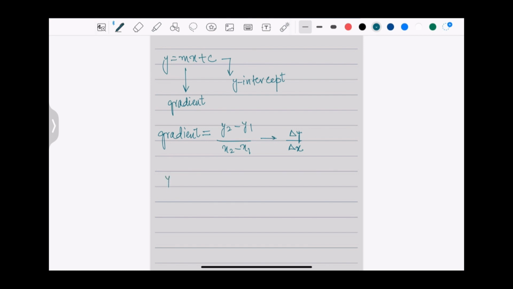Now you see many equations like this: 2x plus 3y equals 3x, y equals 7 minus 3x, y over 2 equals x plus 4. All of these four equations that I've just noted down are linear equations.